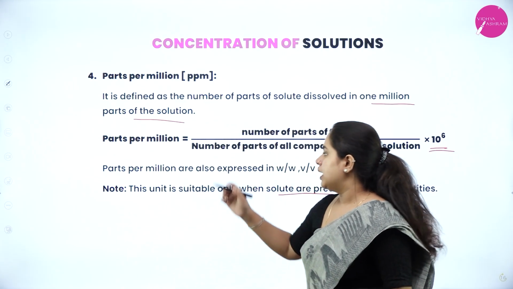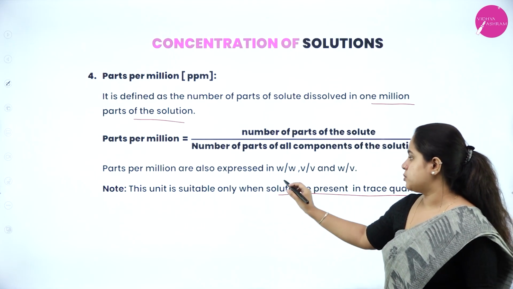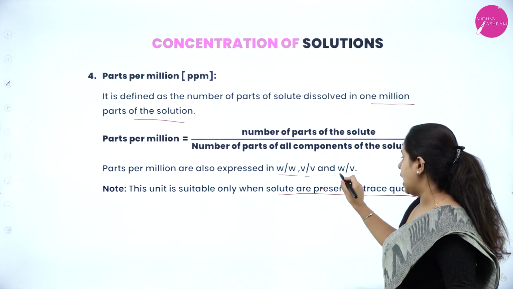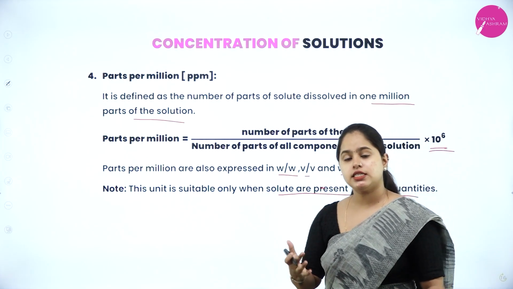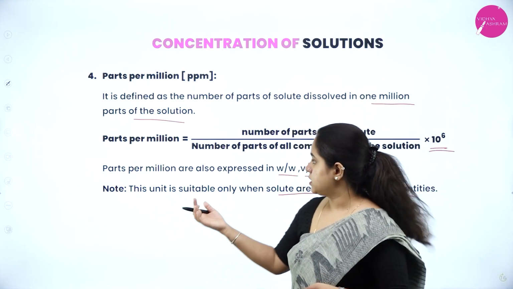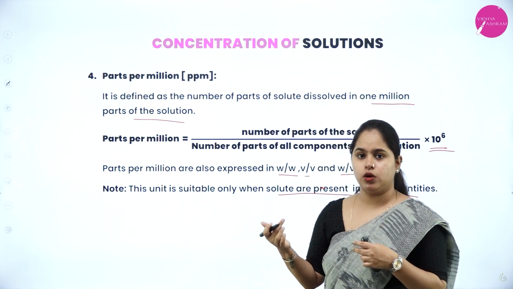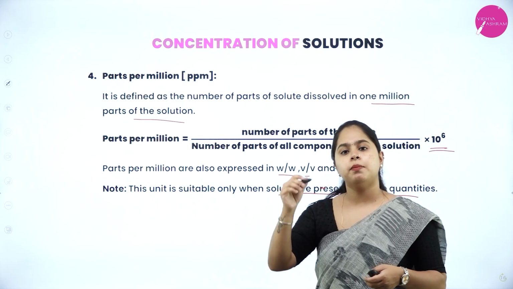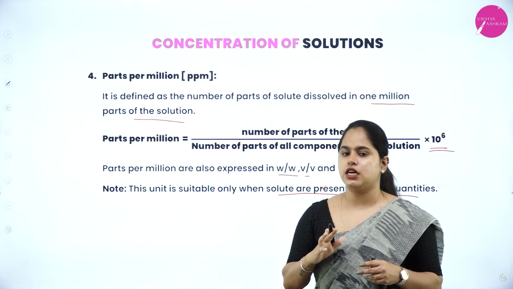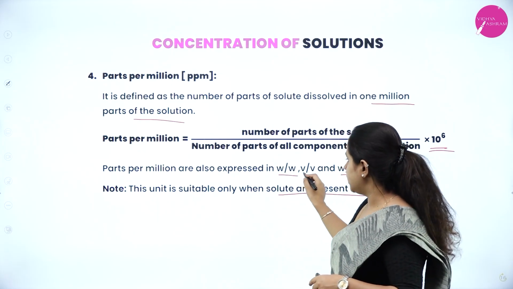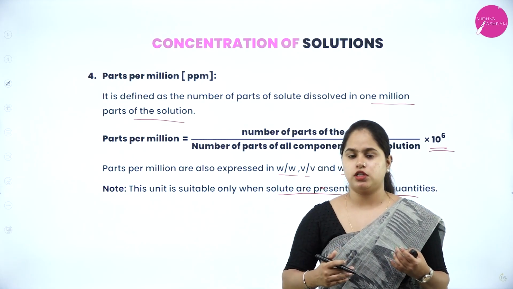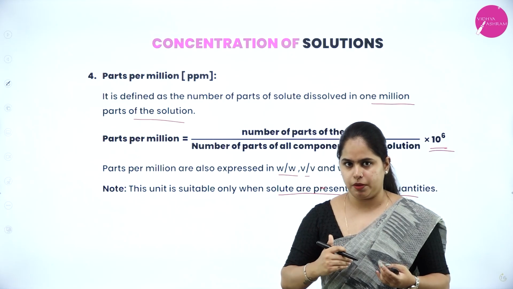Yes, and parts per million can also be expressed in terms of mass by mass, volume by volume and mass by volume. So how can you represent it? Parts per million will be equal to mass of solute by total mass of the solution multiplied by 10 raised to 6. Or else you can write it as volume of solute by volume of total solution multiplied by 10 to the power 6.